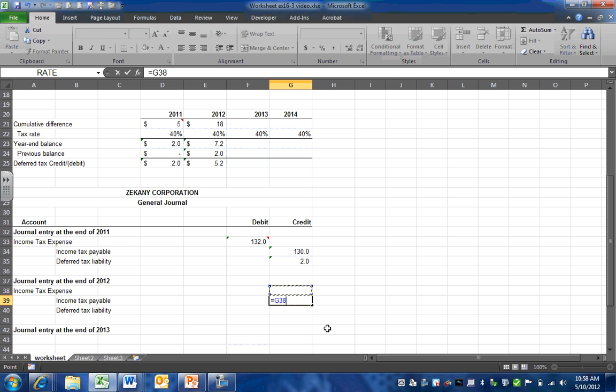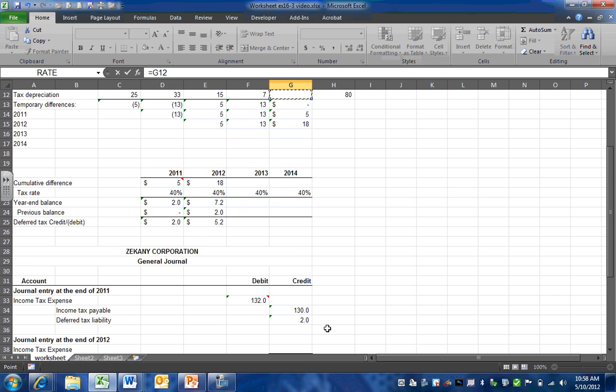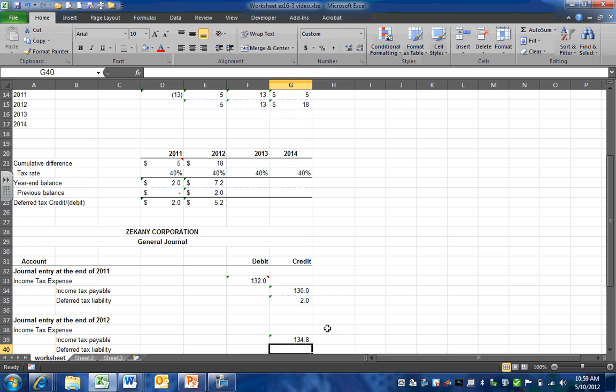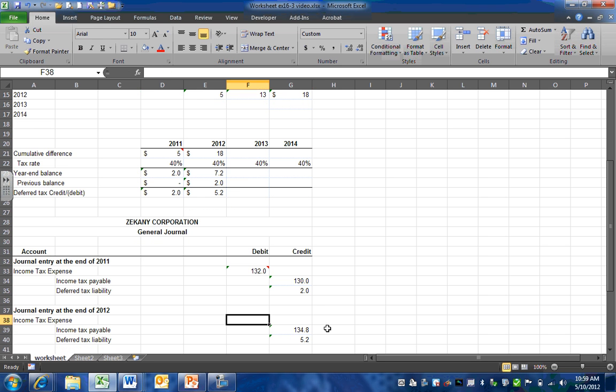Our income tax payable comes from our calculation based on the taxable income for the current year, plus the increase in the deferred tax liability that we calculated above. So our income tax expense will be 140 million.